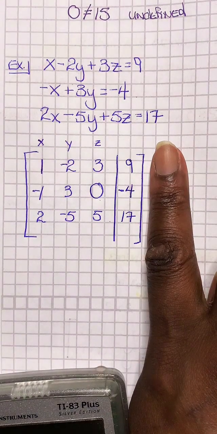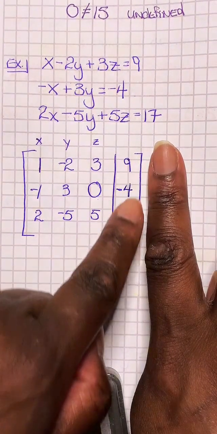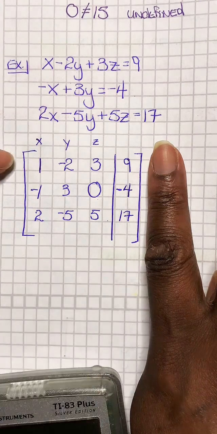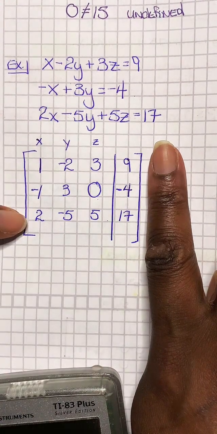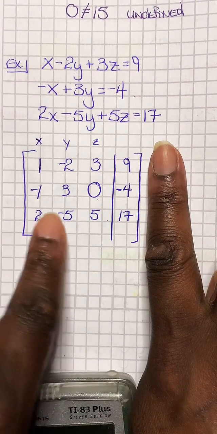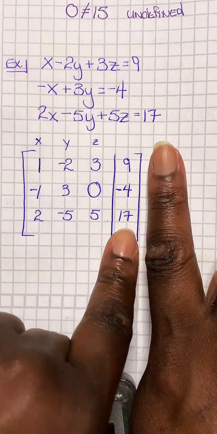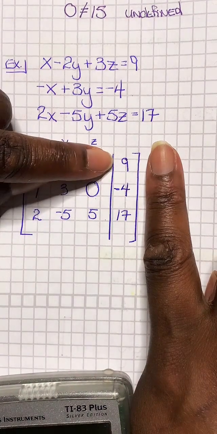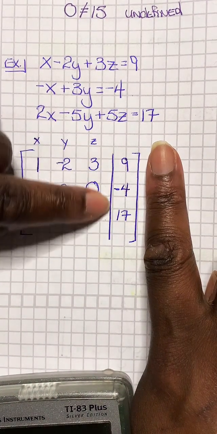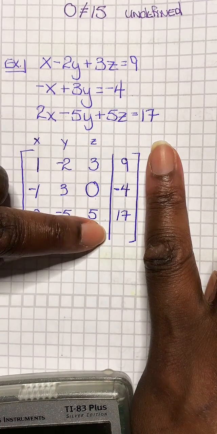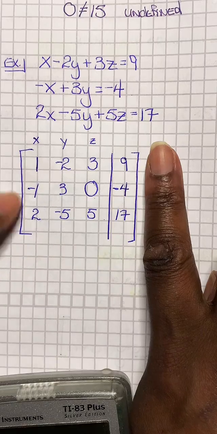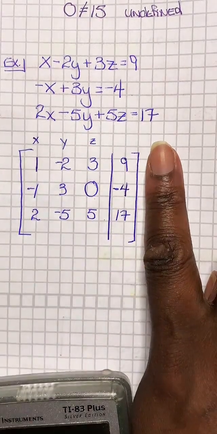I'm seeing 3 by 3s, but you also can include the equals. So we're going to have 3 rows and 4 columns, so I can tell the calculator what it's supposed to equal. Yes, it will be a 3 by 4 matrix.